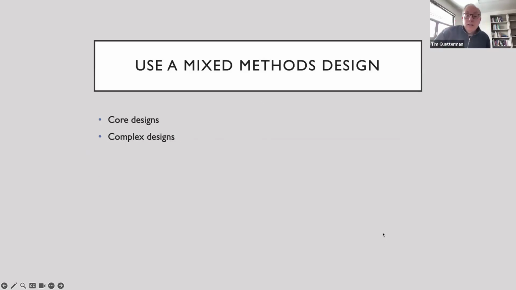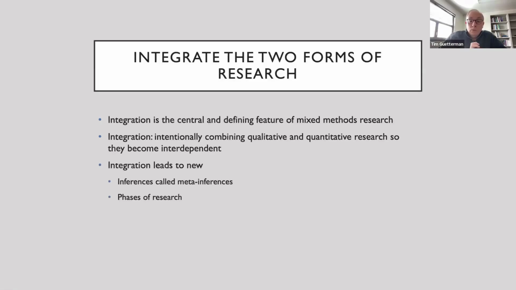So the other characteristic is the use of a mixed methods design. We'll delve into designs a little bit later, but we'll distinguish between these core designs, three major designs that comprise a mixed method study, versus more complex designs where you could do something more with mixed methods research. But then what's really critical, and we'll spend most of our time on, is the integration of the two forms of research.